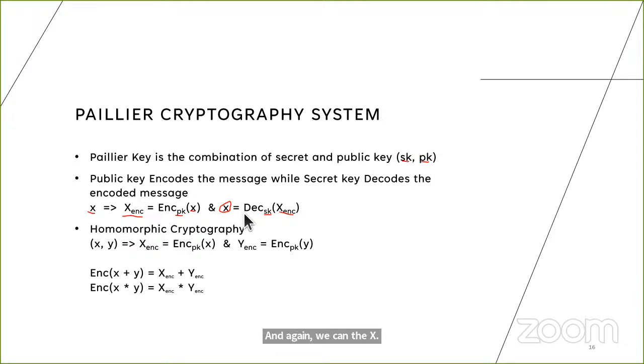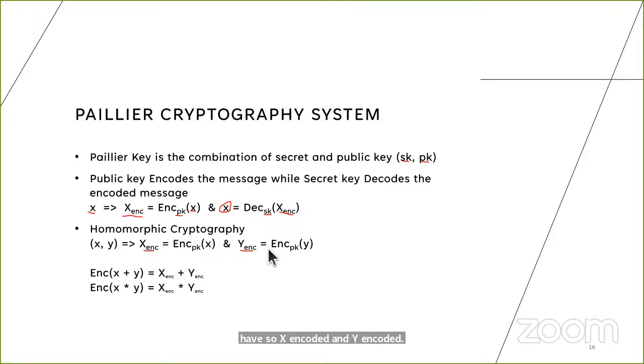And the most important feature of the Paillier cryptosystem is homomorphic encryption. That means that, for example, let's say we have X and Y, and we can encode X and Y by the public key, and we have X encoded and Y encoded.